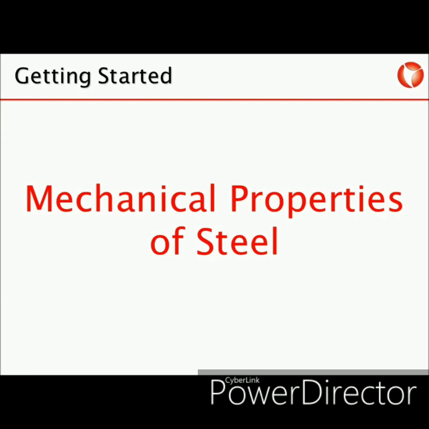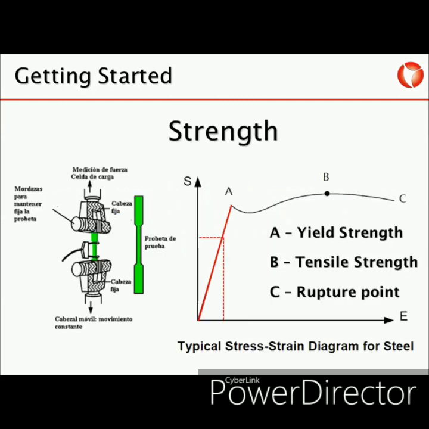First of all, the main mechanical properties of steel must be known. The basic mechanical properties of steel can be obtained through a typical stress-strain test. The diagram shows point A, known as yield point. If the tension load is released at any point below point A, the material returns to its initial state without any permanent deformation.